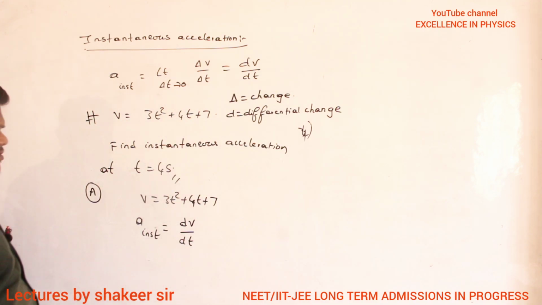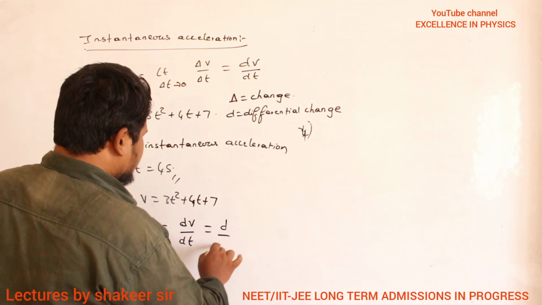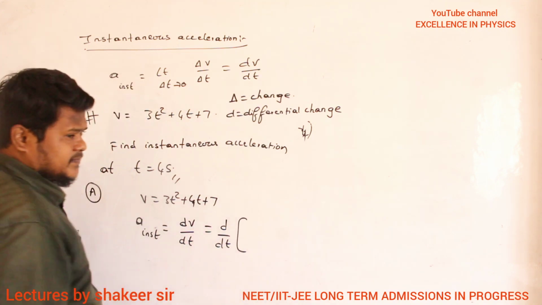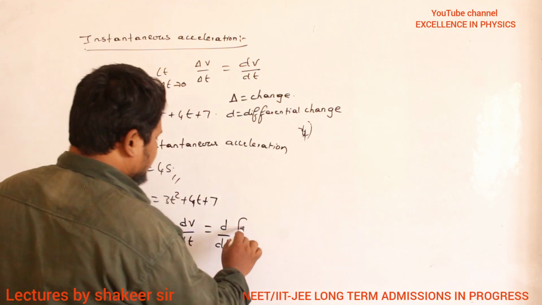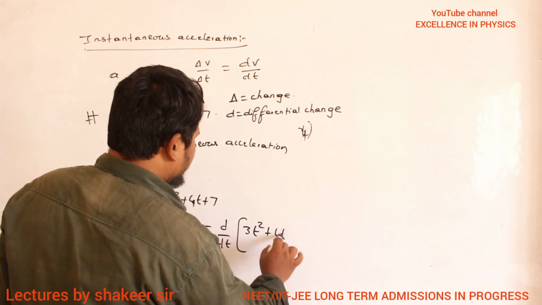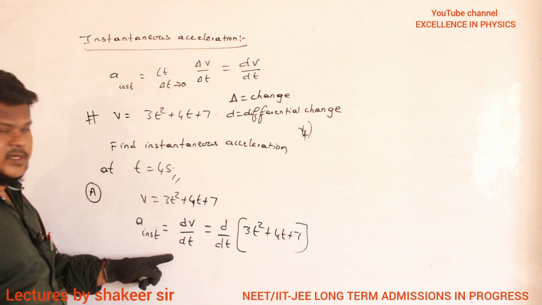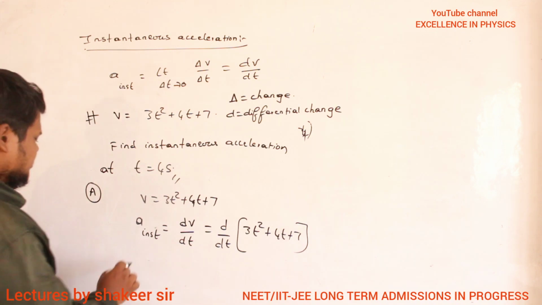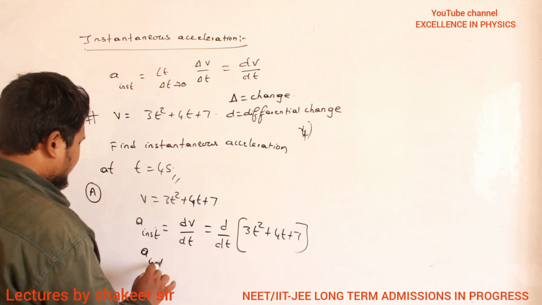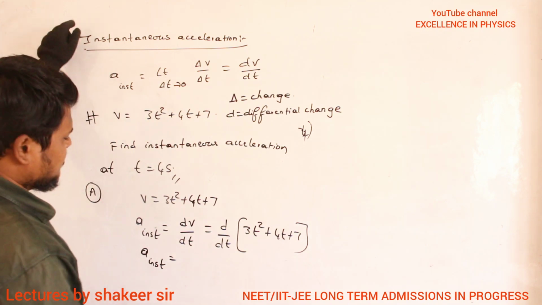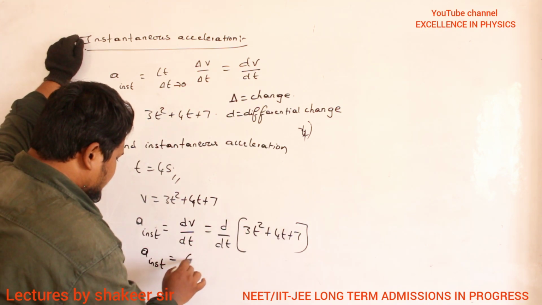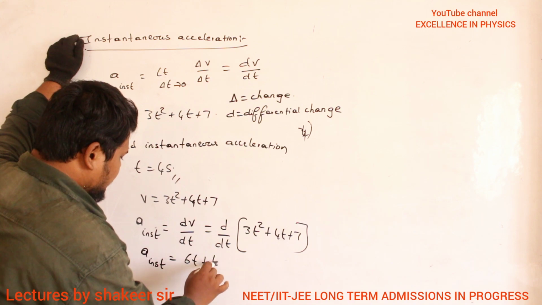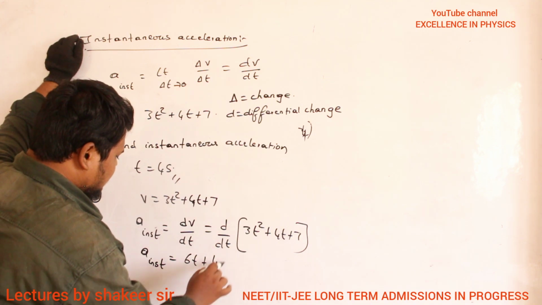Understood, no? So therefore, rules of differentiation yesterday only we studied now in the last class. So what is velocity here? 3t square plus 4t plus 7. Okay. So if you differentiate this one with respect to time, I will get equation of instantaneous acceleration. So differentiation of 3t square, 6t. Differentiation of 4t, 4. Differentiation of 7, 0.